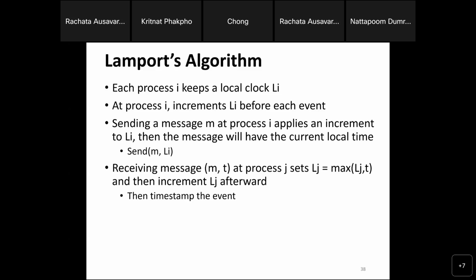So when you receive the message, the sequence number becomes the max of Lj and the one sent. Lj is processor j's sequence number, and t is processor i's sequence number that was sent. Whoever is greater, we use that, so that we know the next message is the max of that plus 1.